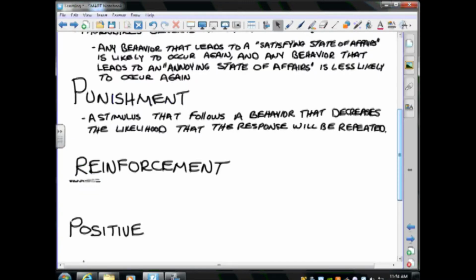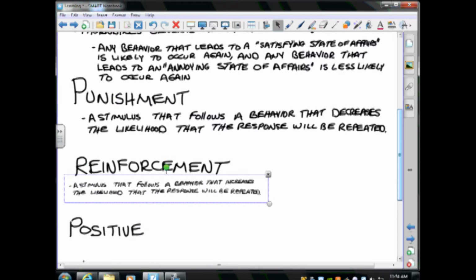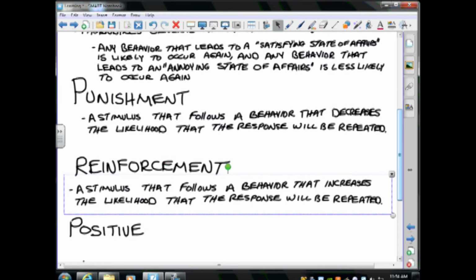Please, please, please learn what we're talking about here and understand that they don't mean the same thing that they do in daily life. So a stimulus that follows a behavior that decreases the likelihood that a response will be repeated is punishment. Reinforcement, on the other hand, is a stimulus that follows a behavior that increases the likelihood that the response will be repeated.